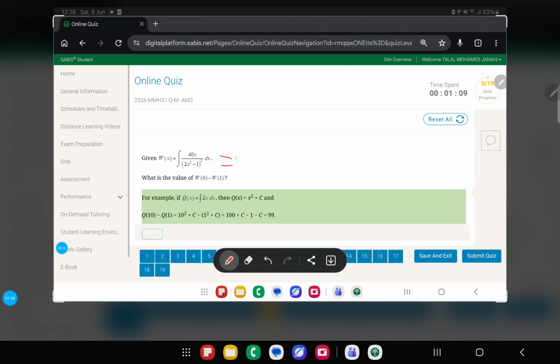Instead of having it like this, do it as integration of 40x over u squared, to make it simpler. We can also apply the rule we said, which is dx equals du over the derivative of u, or u prime. Now let's substitute dx by du over u prime.